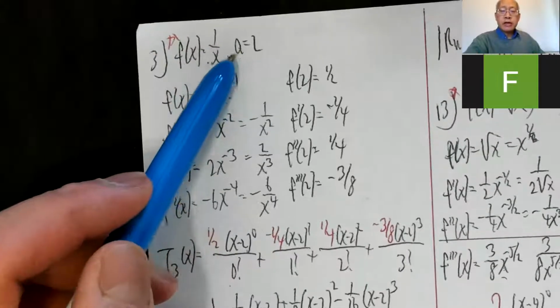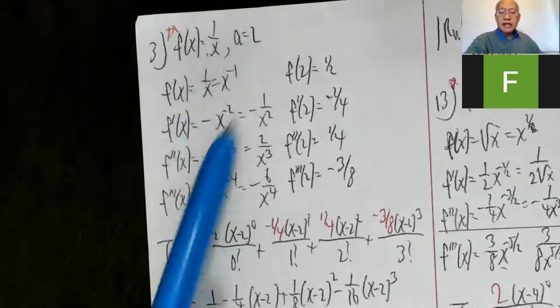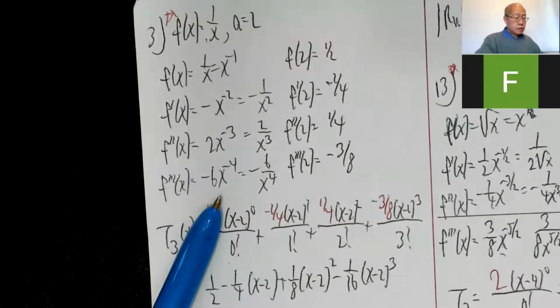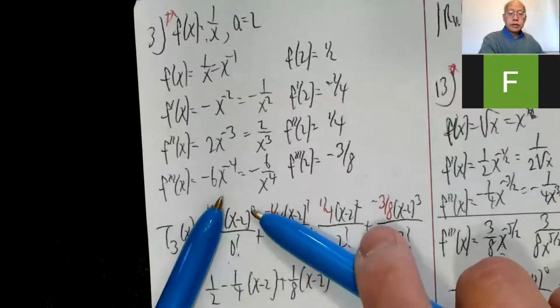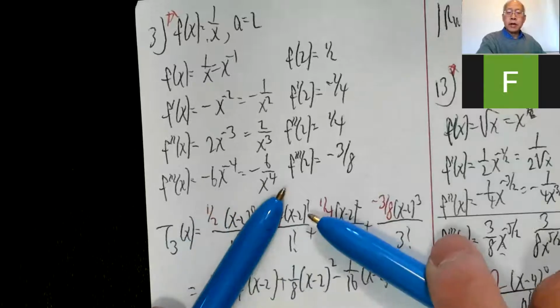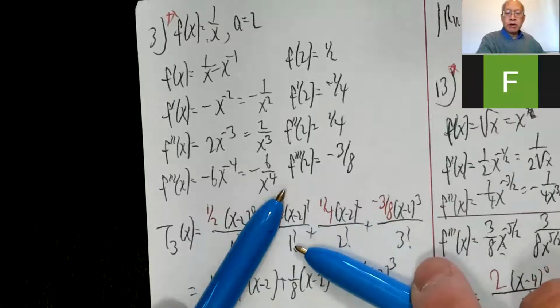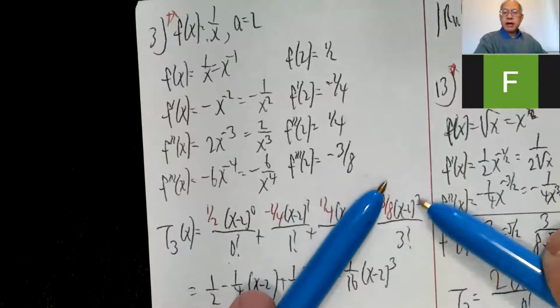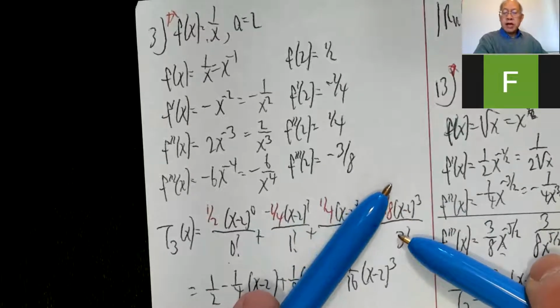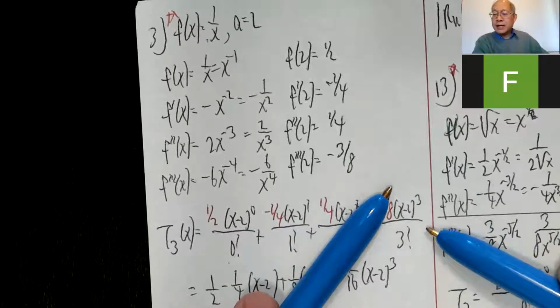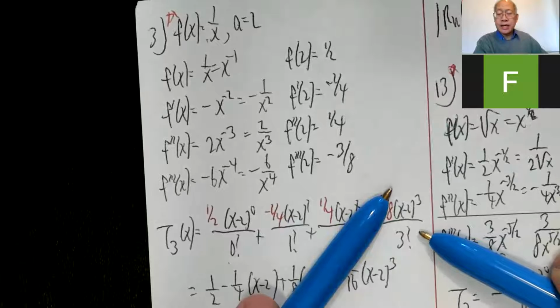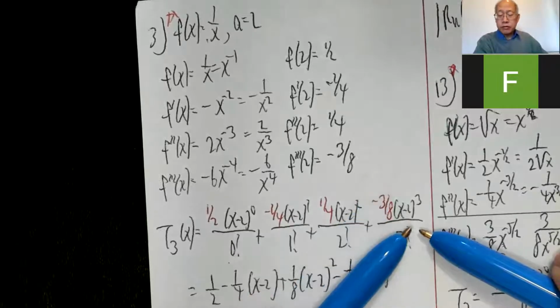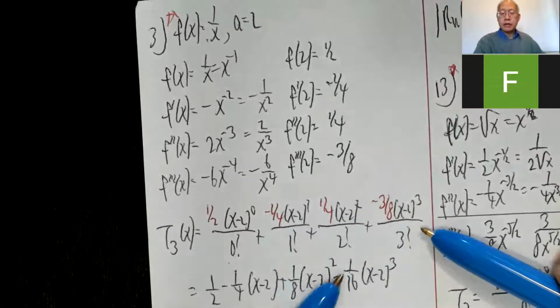If you're centered at a equals 2, automatically, even before I start, (x minus 2) to the 0 over 0 factorial, (x minus 2) to the 1 over 1 factorial, (x minus 2) squared over 2 factorial, (x minus 2) cubed over 3 factorial. Before we said plus dot, dot, dot. Now we're not going to put the dot, dot, dot, because we just want a true polynomial, a true cubic.